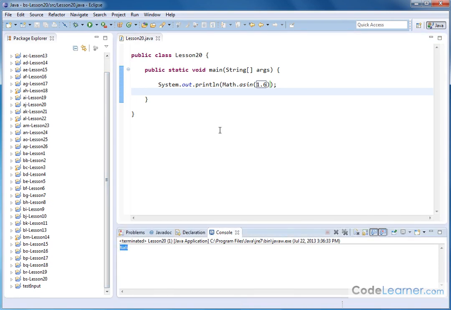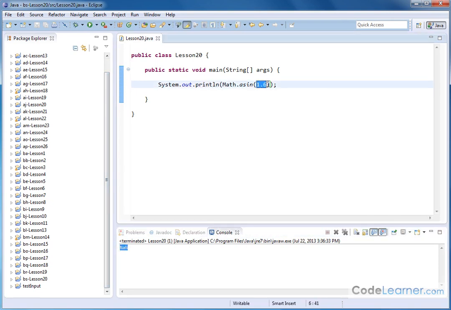It's going to give you NaN, not a number. Let me back up a little bit. For sine and cosine, whenever you take the sine or cosine of an angle, the only answers you can get back are between -1 and 1. So whenever I go the backwards way, I can only give it numbers between -1 and 1. If I use 0.8, I will get a number back.